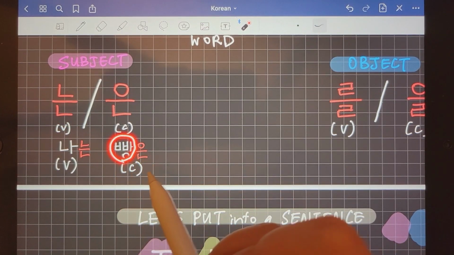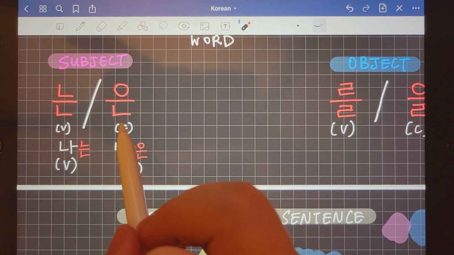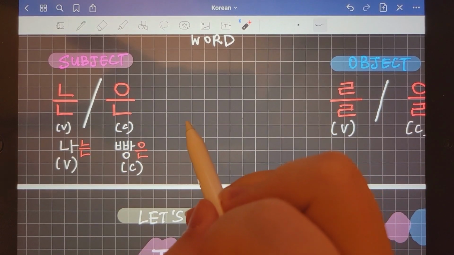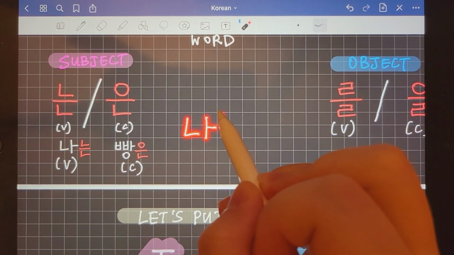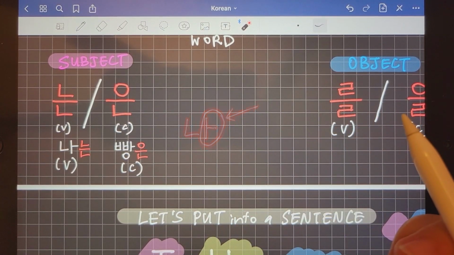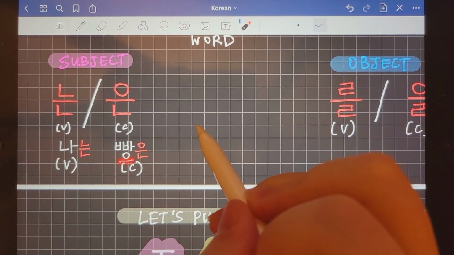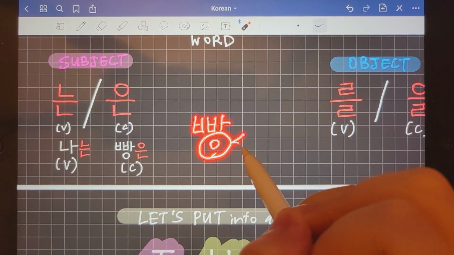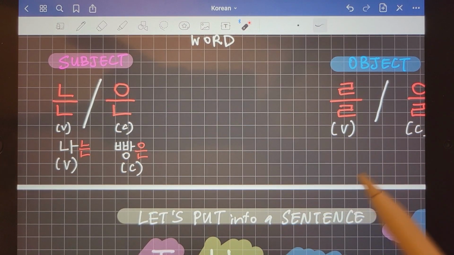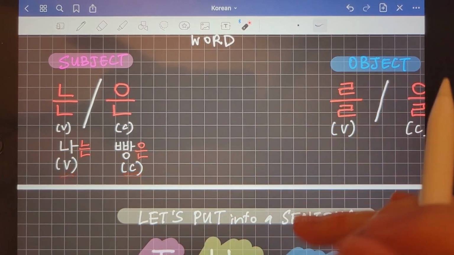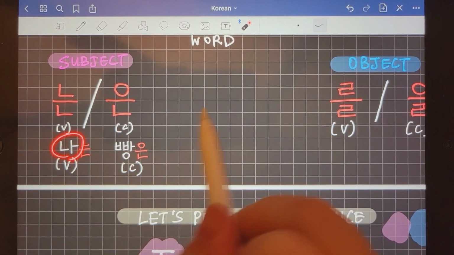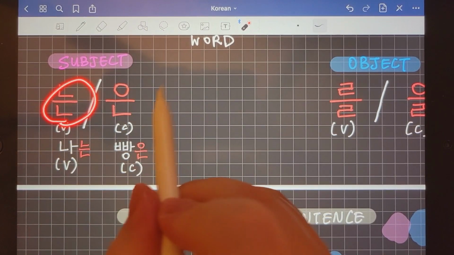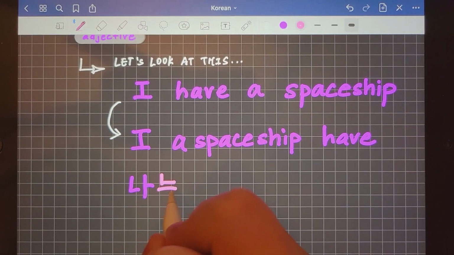If the word was bang, then we would use un as the tail. Now, if you're still a little confused, da ends in a vowel, and that is a vowel right there. And bang, that's the word for bread, ends with a consonant, and that is why it is using the right particle. So depending on what the word ends as, that's when we use the certain corresponding particle as the tail.